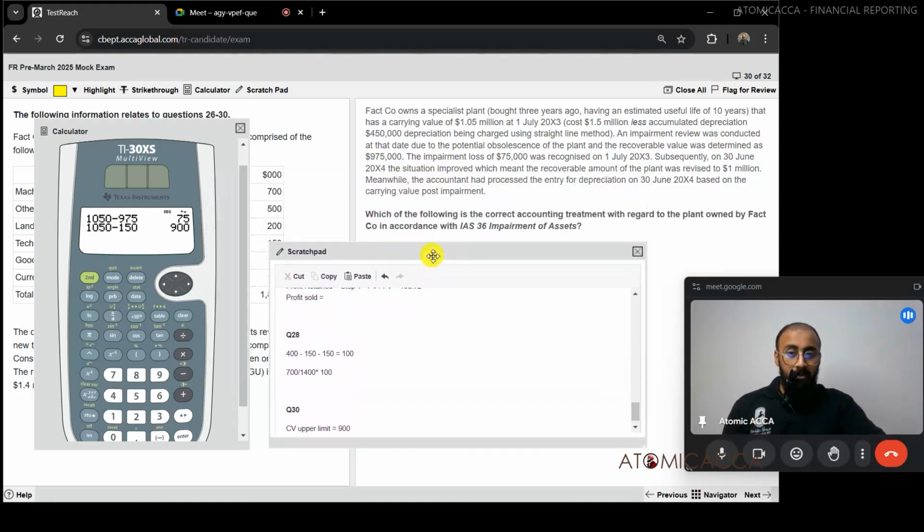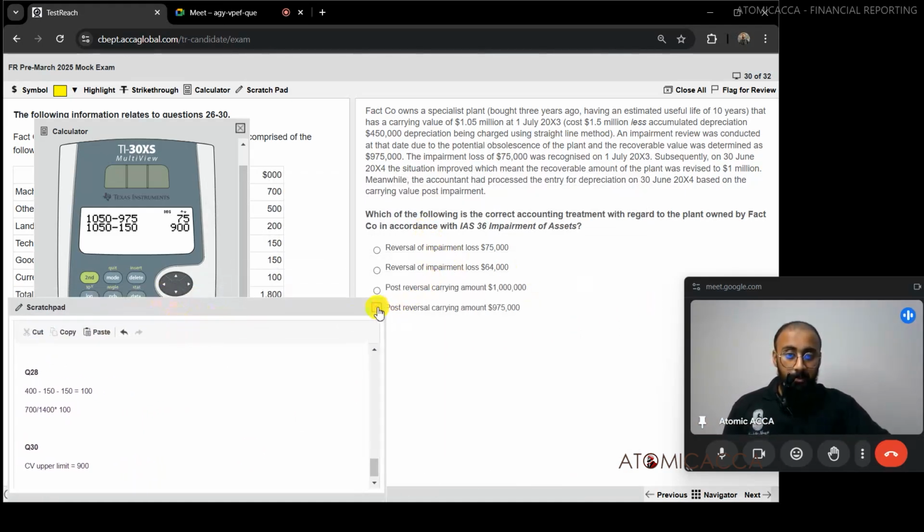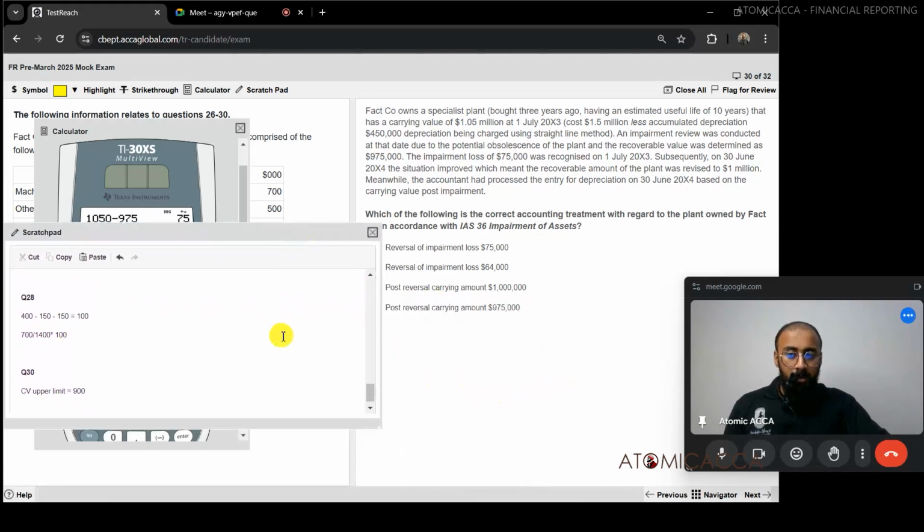That is after 4 years of normal depreciation. Now the question options are reversal of impairment, post impairment reversal carrying amount and all. Post reversal, what should be the carrying amount? 900, because that is the max limit. You can go only up to this limit. So post reversal, here you can see 975 and 1 million. That means those both are not the options.